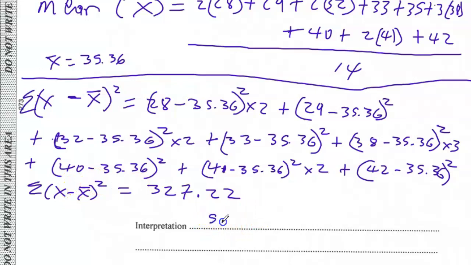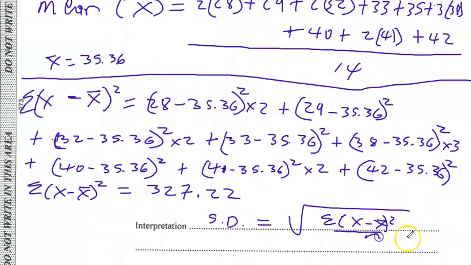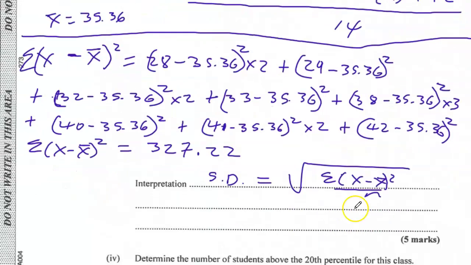So the formula for standard deviation is equal to the square root of the summation of x minus x bar squared, all over n, which would be equal to the square root of 327.22 divided by n, and remember n was 14.